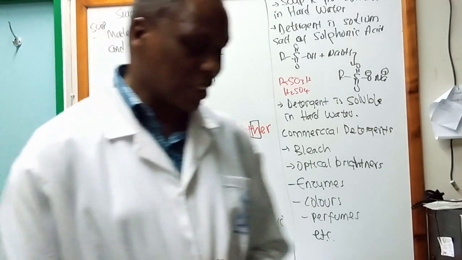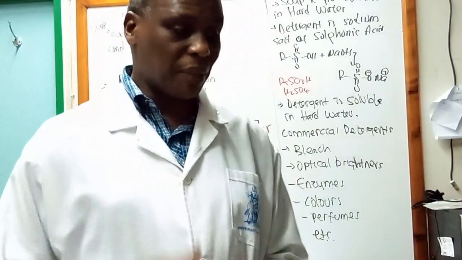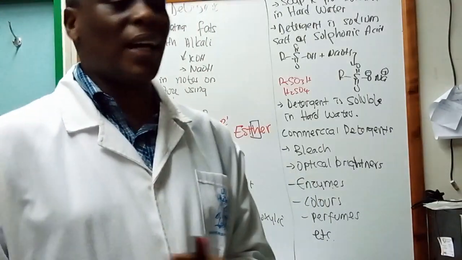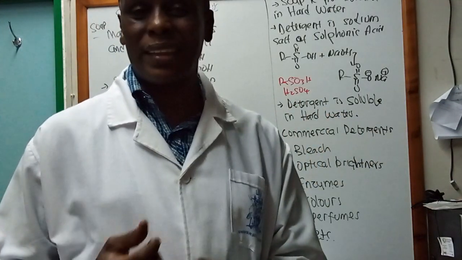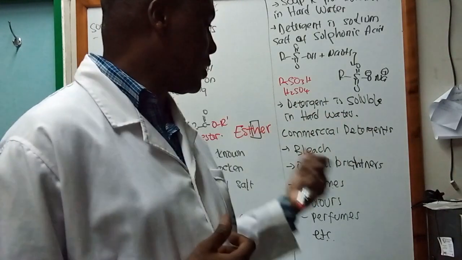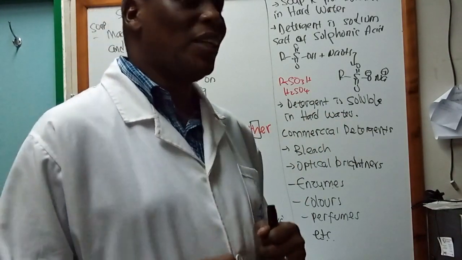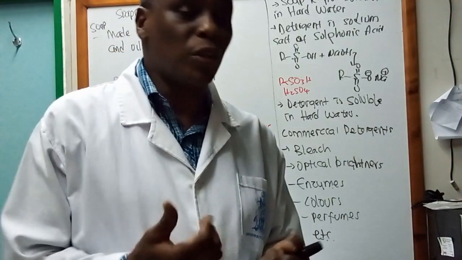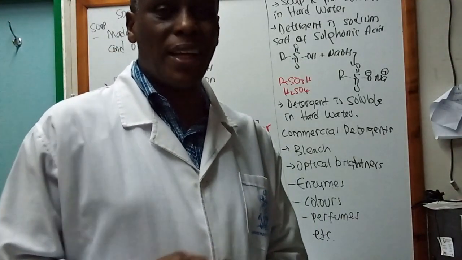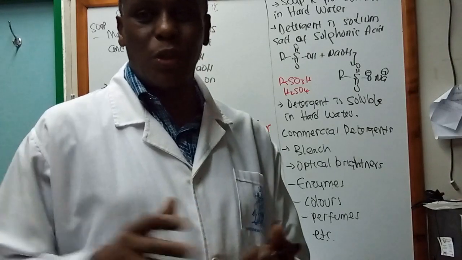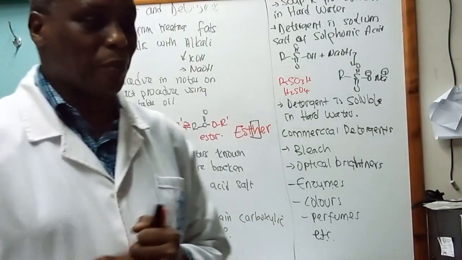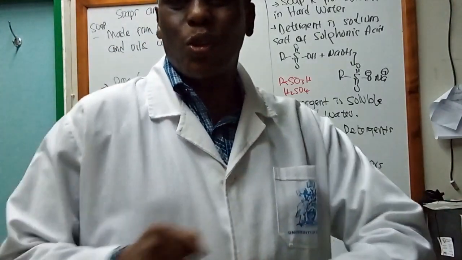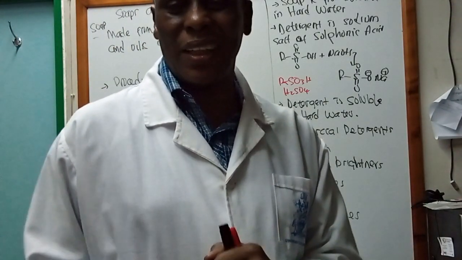For example, if you're just going to make soap using the procedure that you're going to see in the notes, you may make use of equipment that you will need to press to be able to remove some of the water. Otherwise, your soap may be too soft, and it may break down in water and the rest.